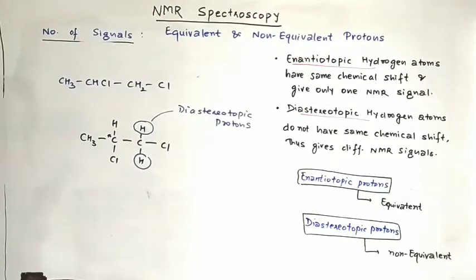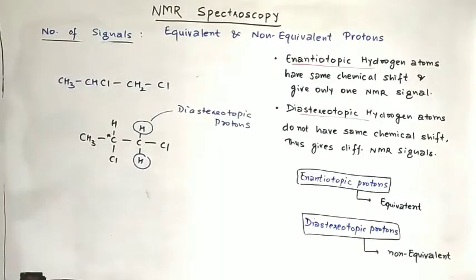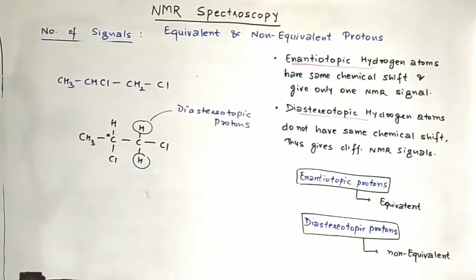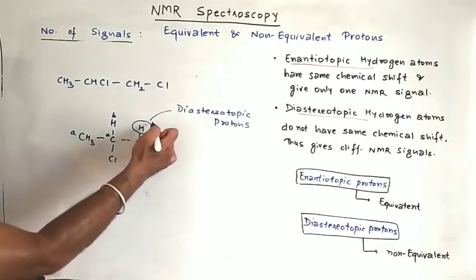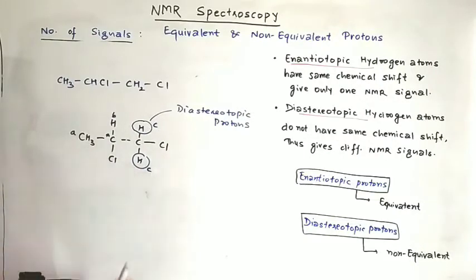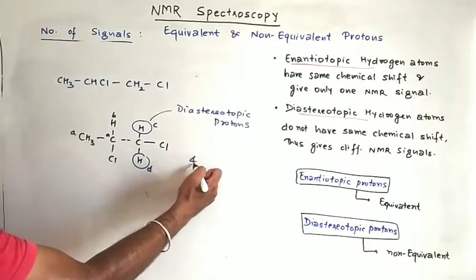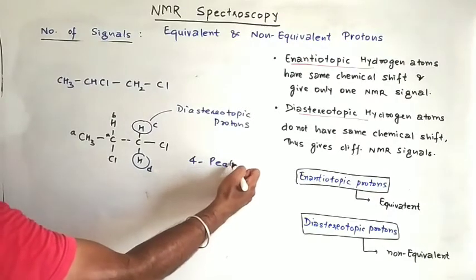So it means these two protons adjacent to the chiral carbon are always diastereotopic. Keep in mind that when there is a chiral carbon in the compound and on the adjacent carbon there are 2 hydrogen atoms, those 2 hydrogen atoms will be diastereotopic, and diastereotopic protons are not equivalent. It means for the total number of peaks given by this molecule, 1 peak is given by these 3, 1 peak by this proton, 1 peak by this proton, and 1 peak by this proton, so we will get 4 peaks, not 3.